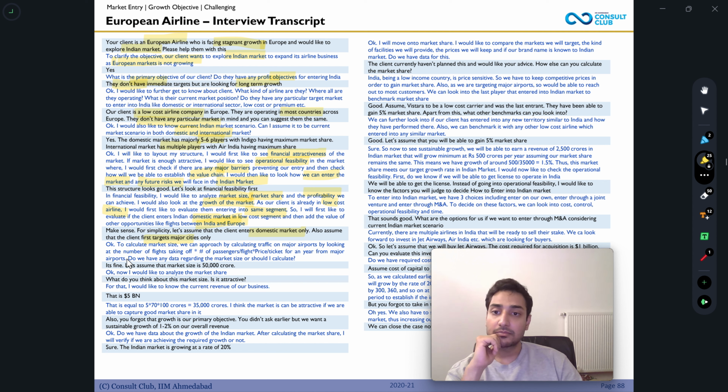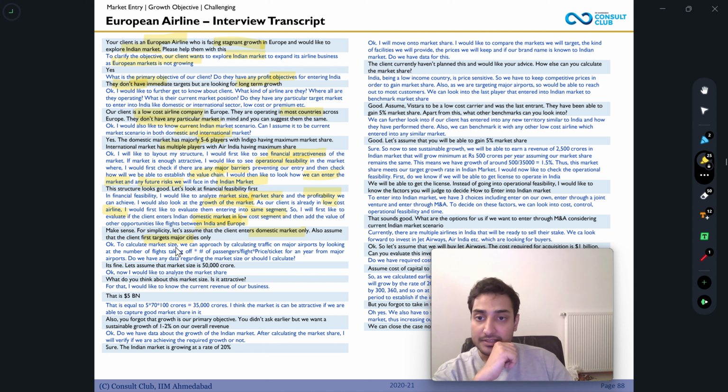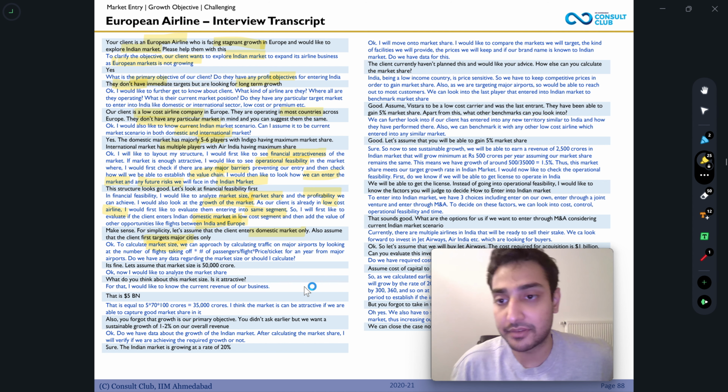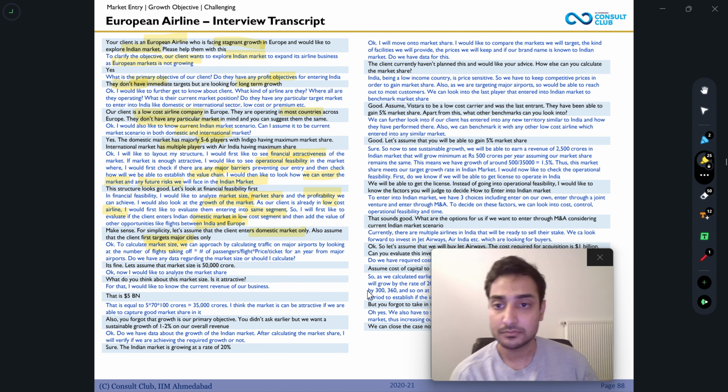Okay, to calculate market size, we can approach by calculating traffic on major airports by looking at the number of flights taking off and its number of passengers. So we are calculating market size first, by looking at the traffic available at major airports.